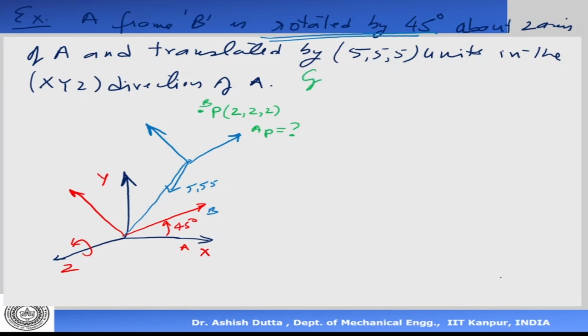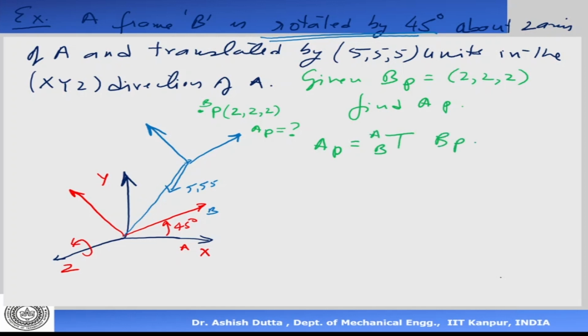Now given BP, the coordinate of the point P in frame B is equal to 2, 2 and 2 units, find AP. This question is very clear, I think. So now we are required to find, so AP is equal to the homogeneous transformation matrix A to B times BP. Okay, and this is equal to AP is equal to X, Y, Z, 1.